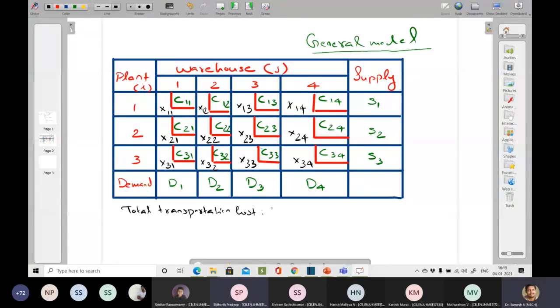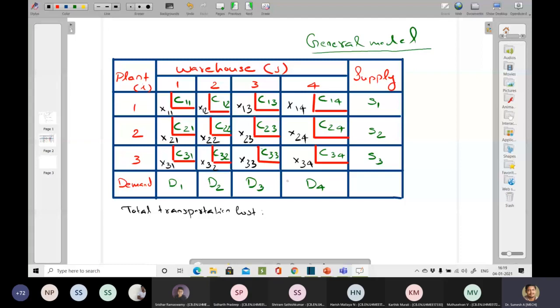Sir, what is X11, sir? X11 is the number of quantity what you are transferring from plant 1 to warehouse 1. Okay, then X11 C11 plus X12 into C12, like that, right, everything.